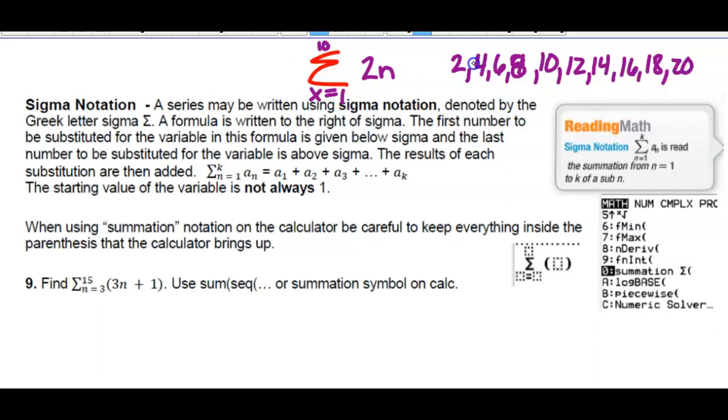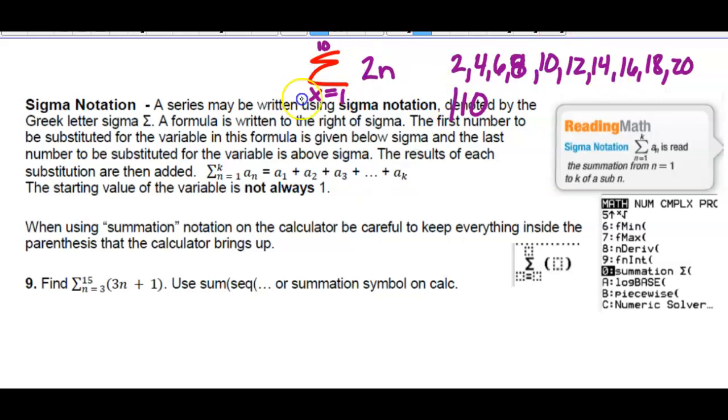So I'd have 22 and 22 and 22 10 times, so I think I get 220, right? If I add the first and last term and multiply by 5, because 10 divided by 2, I get 110. Did I do that right? Let's see. 22, 1, 2, 3, 4, 5 times. Yes, I did that right. Okay.